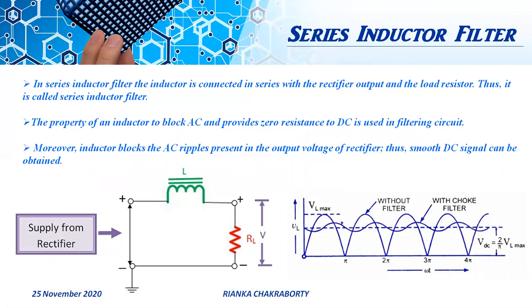When a DC signal is passed through an inductor, it provides very low impedance and allows the passage of DC signal. So this is the output waveform of series inductor filter. This one is the rectified output, that is without filter, and this one is the filter output, that is with choke filter. So this is the operation of series inductor filter.